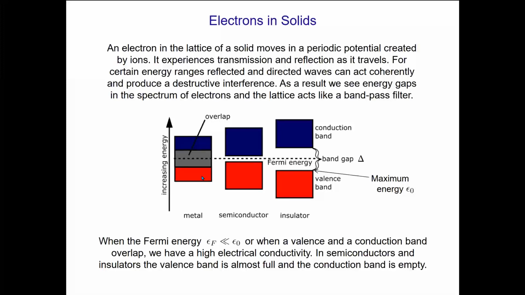band goes above, so this is shown here in red, so it goes above up here, but normally it's much higher, above the Fermi energy, and correspondingly the conduction band goes below the Fermi energy, then they overlap and electrons can freely move from the valence band where they were frozen to the conduction band, okay, where they can move freely.